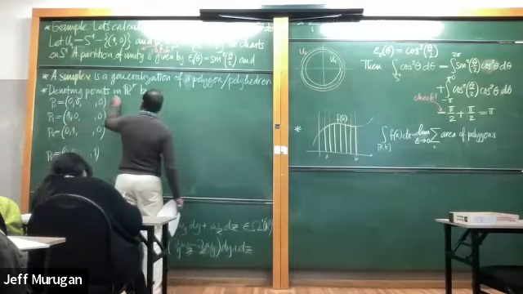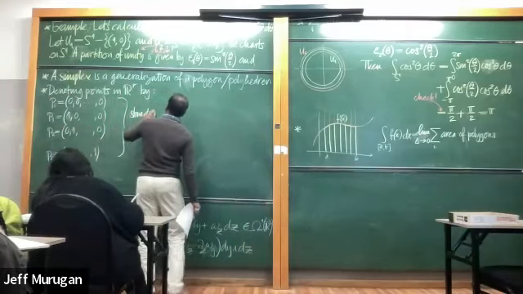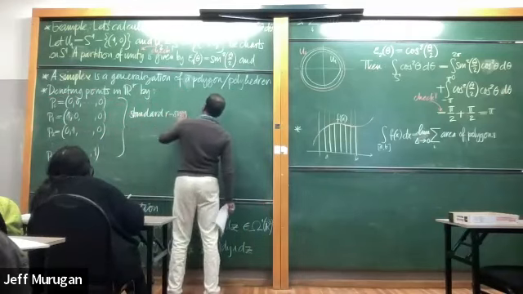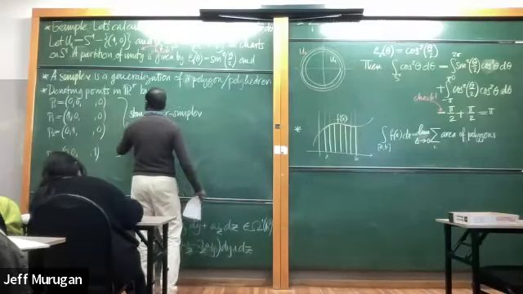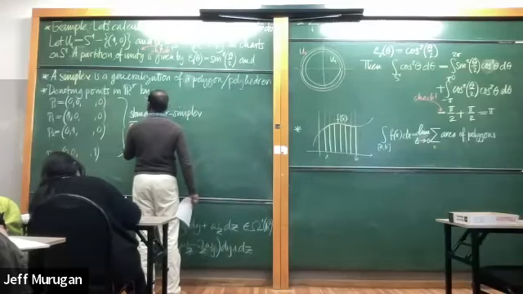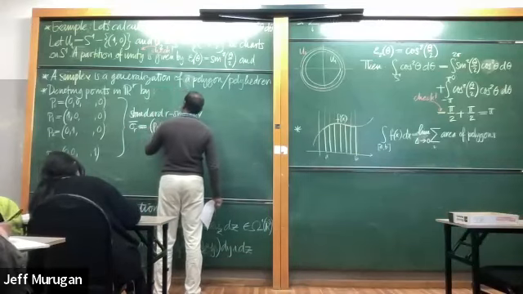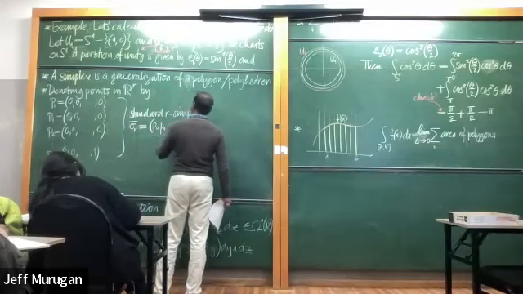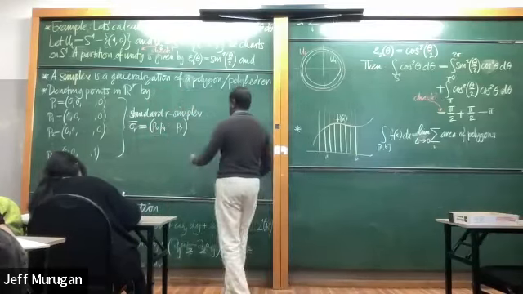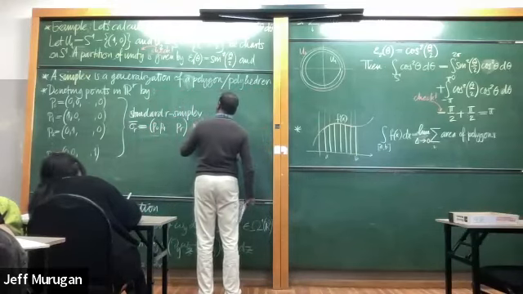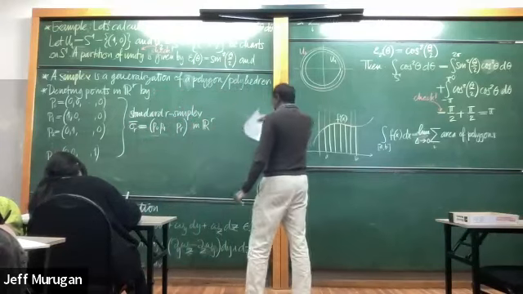Then the standard r-simplex, sigma r bar, is the collection of points p0, p1, through pr in R^r with the lines joining them.